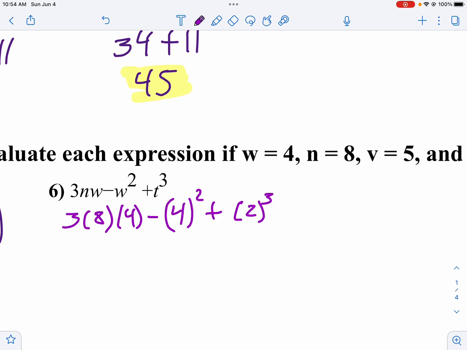So 3 times 8 is 24. 24 times 4 is 96. Minus 4 squared, which is 16, plus 2 cubed, which is 8. Now we can take 96 minus 16, you get 80, plus 8 will give us 88.